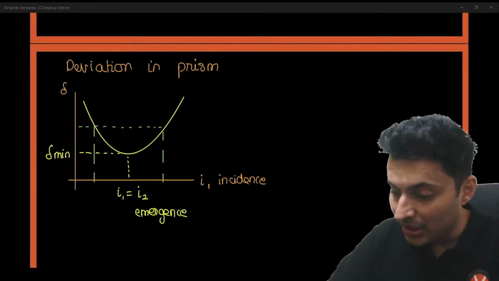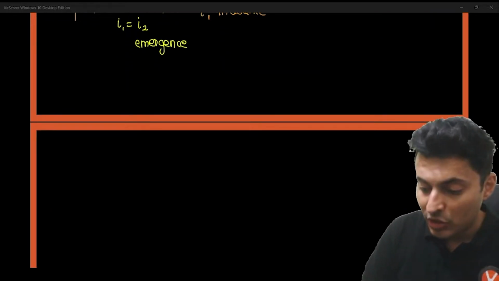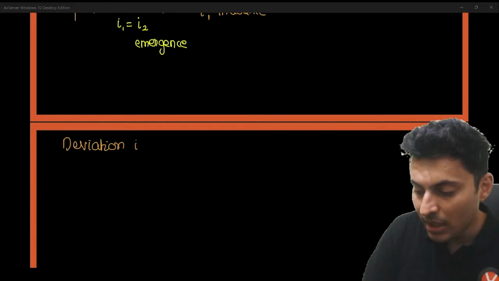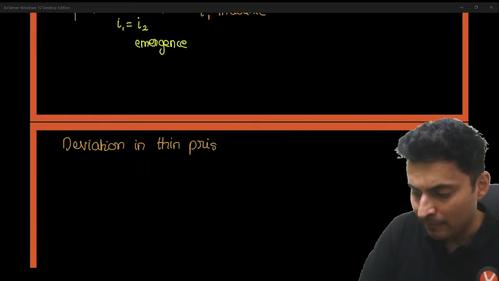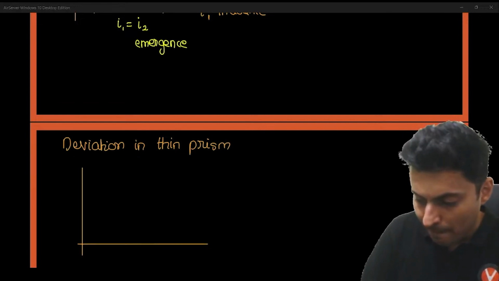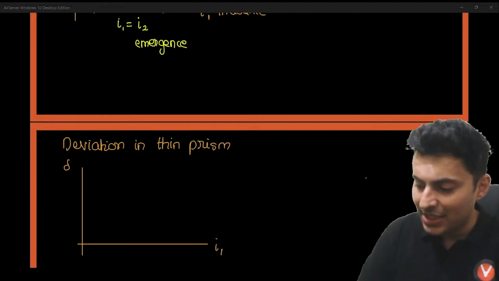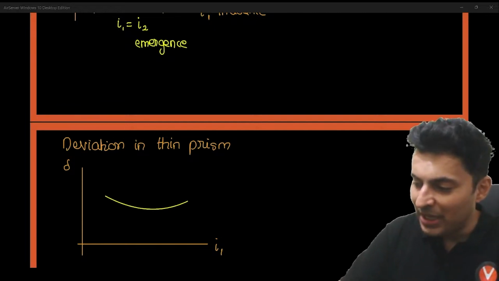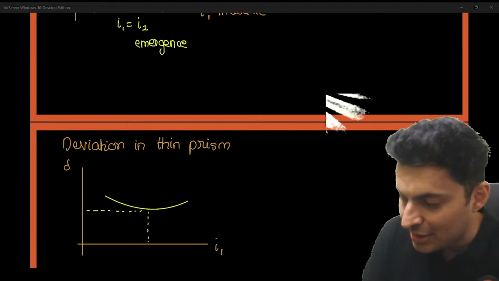But it so happens that if you have a thin prism, deviation in a thin prism, then what happens? There is not much variation. In fact, the graph is almost like this. Be it any angle of incidence, the deviation values do not change much.